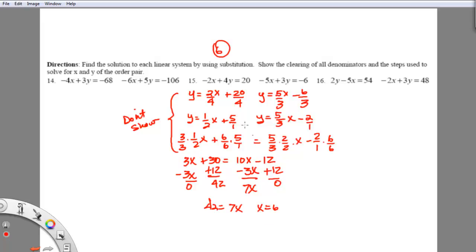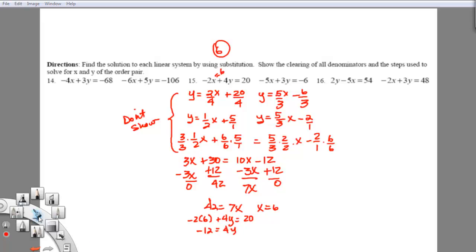Now to find the y, I'm going to take x equals 6, and I'm going to put it in for that x. And it doesn't matter which equation I use. So I'm going to take a -2 times 6, which is the value for x, plus 4y equals 20. So that's a -12 plus 4y.